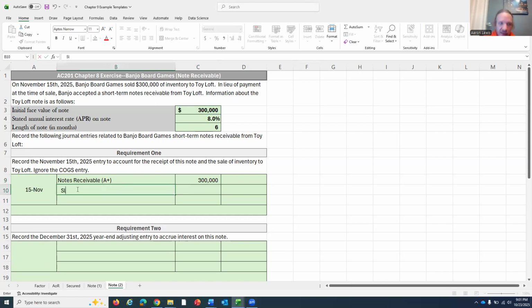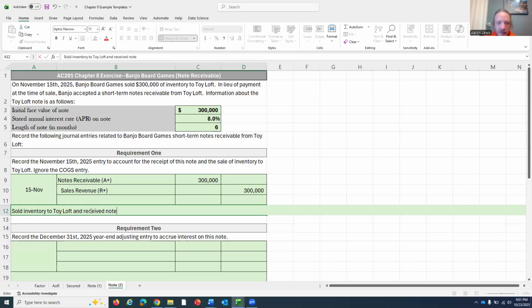And we are making the sale right now, so we got to put the sales revenue on the books at this point in time, also for $300,000. And here we sold inventory to Toy Loft and received note.